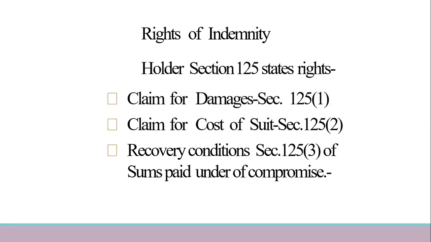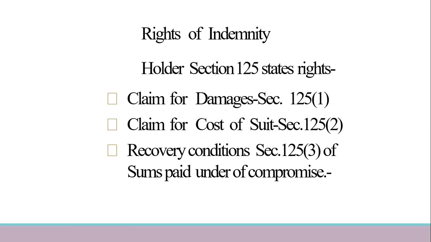So these are the three things that we have already mentioned: claim for damages, claim for cost of suit, and recovery of sums paid in compromise. Second is the claim for costs.